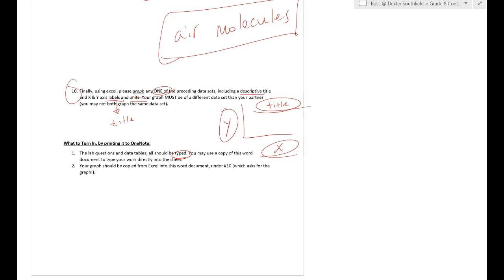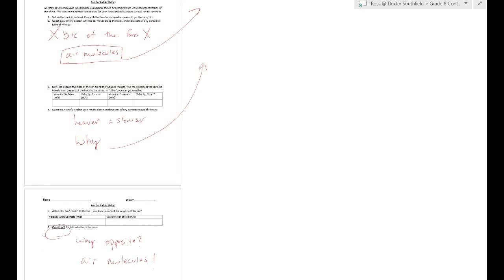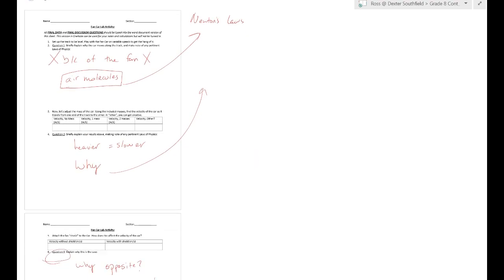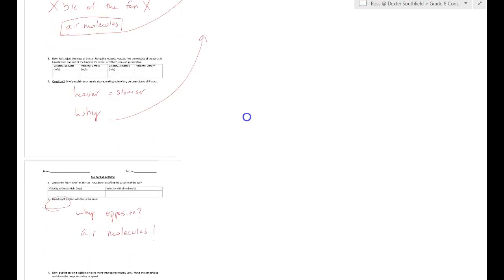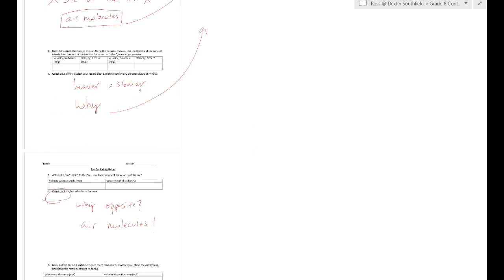That Word document will eventually be uploaded, just like always, uploaded to a new OneNote page in your Labs tab, and it should be titled last name underscore fan car lab, right? So your lab report will be done directly in this document, right? You'll download the Word document, and you'll type your answer directly under question 1. You'll type your answer directly under question 2, under question 3.